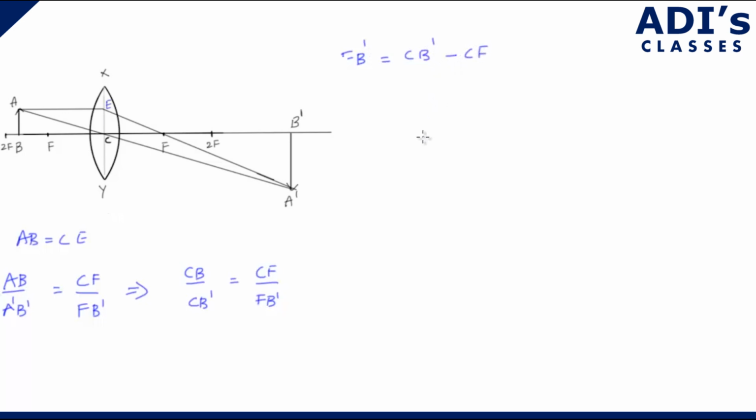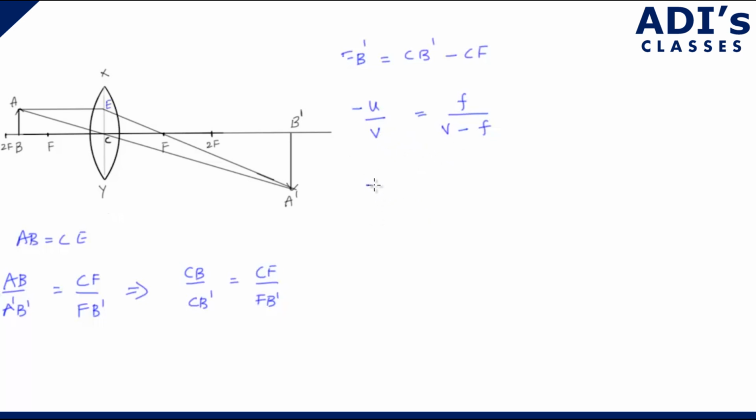Now remember, we also have to include the sign conventions. CB is minus U, so we have minus U divided by CB dash, which is V. So minus U by V is equal to F by V minus F.